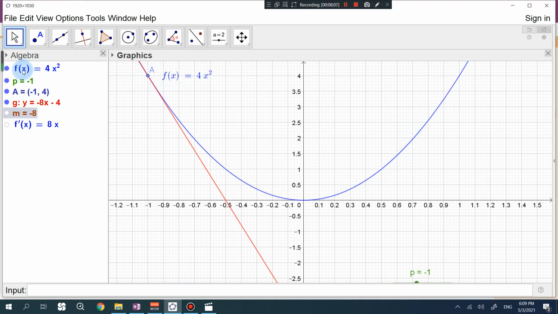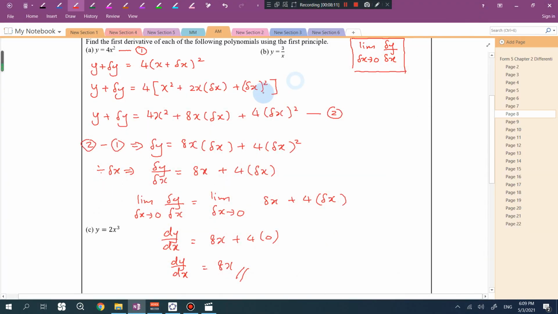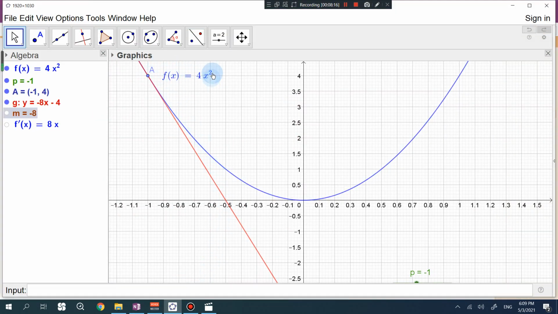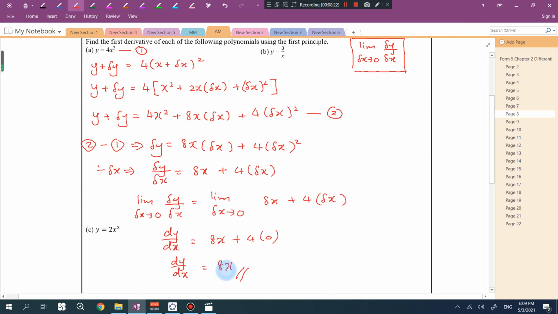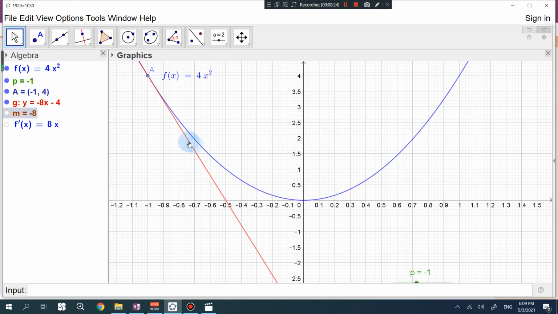Now, this is f of x equal to 4x squared. Okay, let me check, not my equation. Okay, 4x squared, correct. This is the first derivative, which is 8x, right? Now, try to look at the red line.